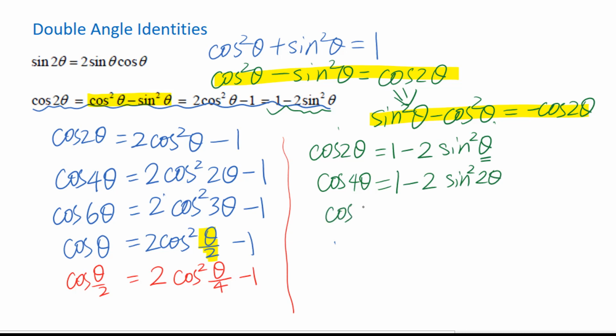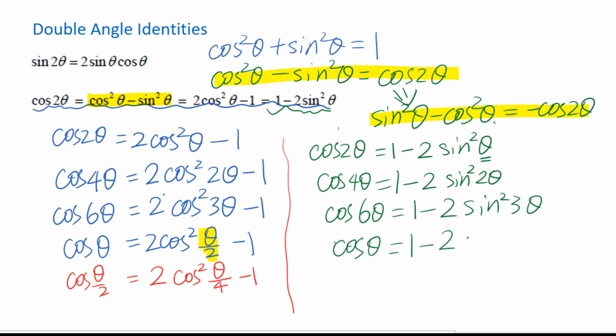For cosine 6 theta equals 1 minus 2 sine square 3 theta. For cosine theta equals 1 minus 2 sine square theta over 2.